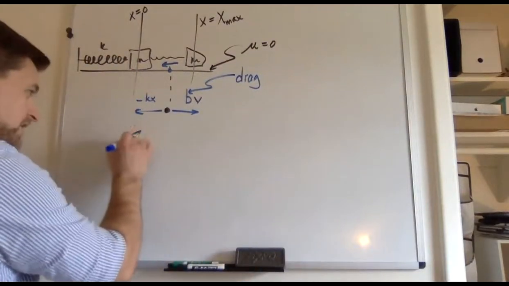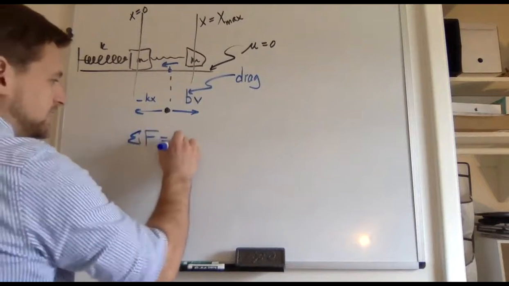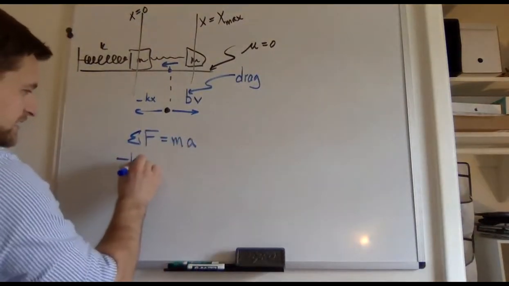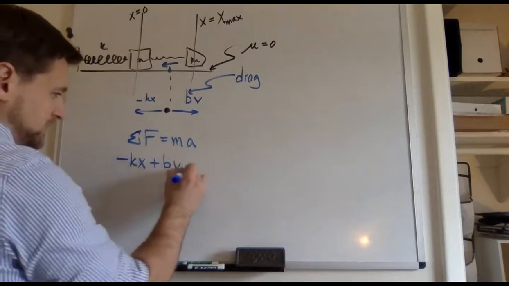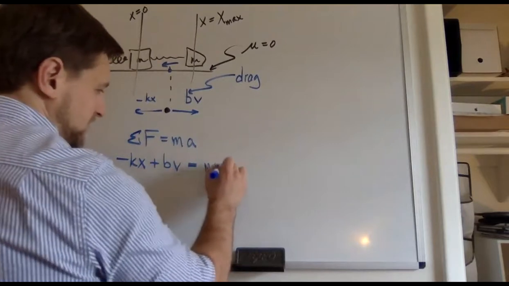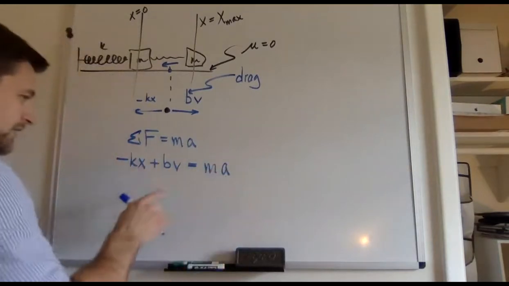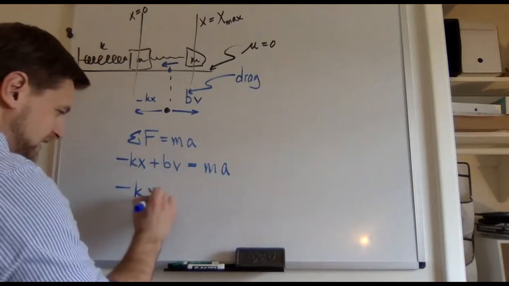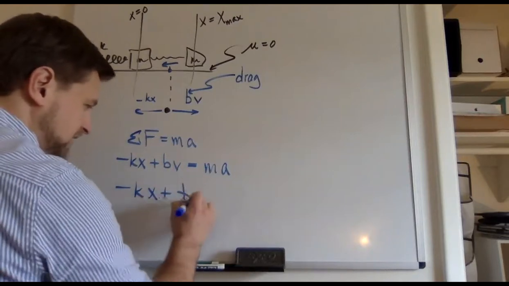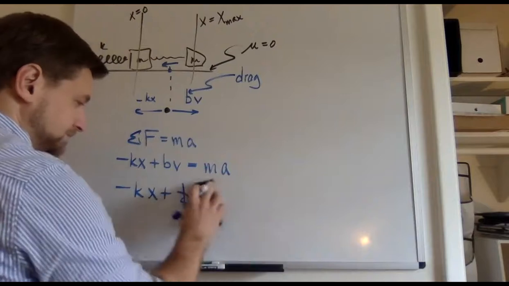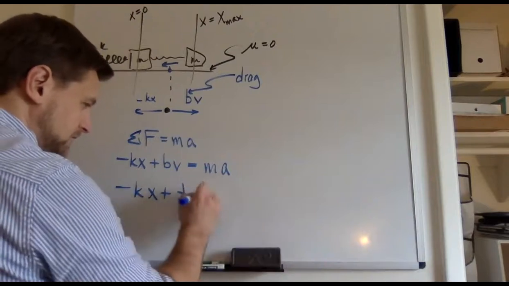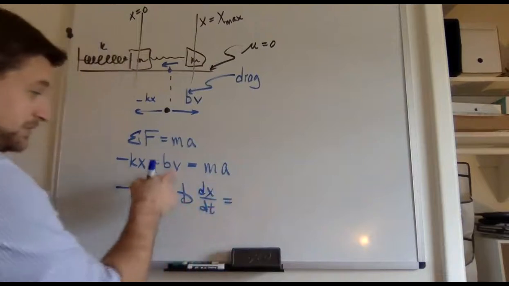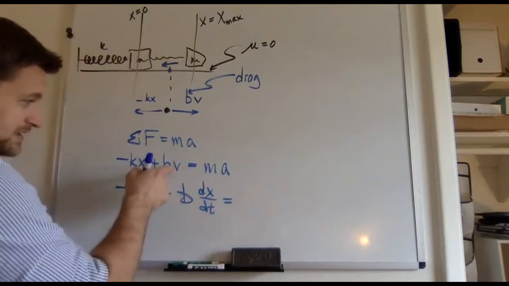So if we try to solve Newton's second law, F equals ma, then we've got minus kx minus bv equals ma. And now we've got minus kx minus b dx/dt. If you remember, the rate of change of position is velocity.